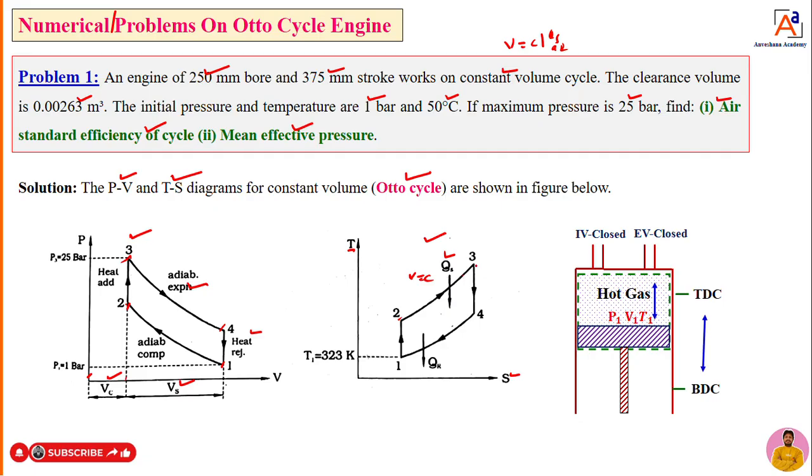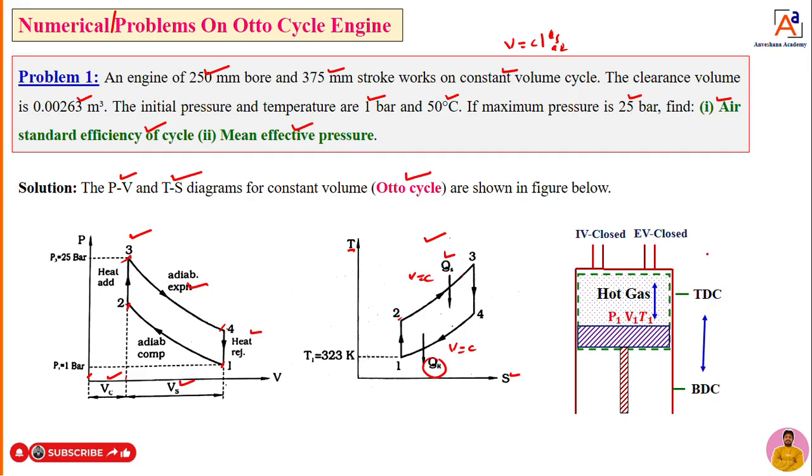Next, 4 to 1 is heat rejection, represented as QR, again at constant volume. If heat addition and heat rejection take place at constant volume, we call it a constant volume cycle or Otto cycle.